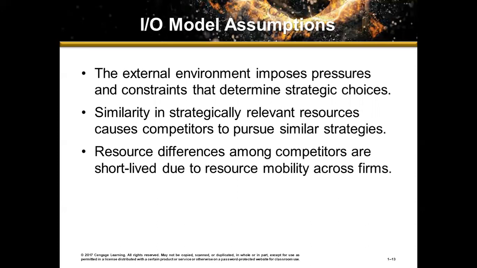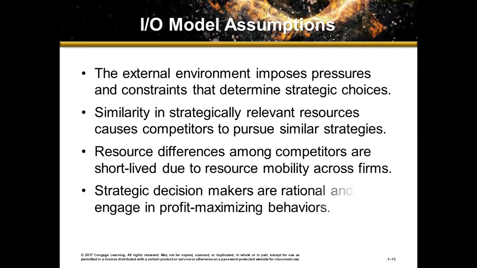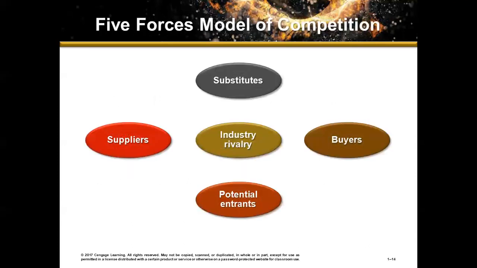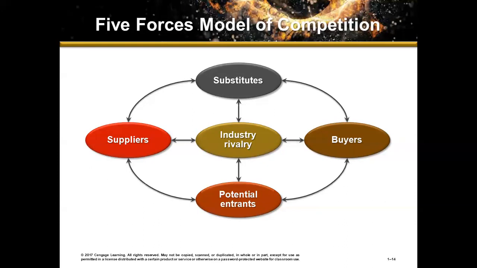Resource differences among competitors are short-lived due to resource mobility across firms, and strategic decision makers are rational and engaged in profit-maximizing behaviors. We have here the five forces model of competition. It includes industry rivalry, potential entrants, suppliers, substitutes, and buyers. All these five forces affect each other.